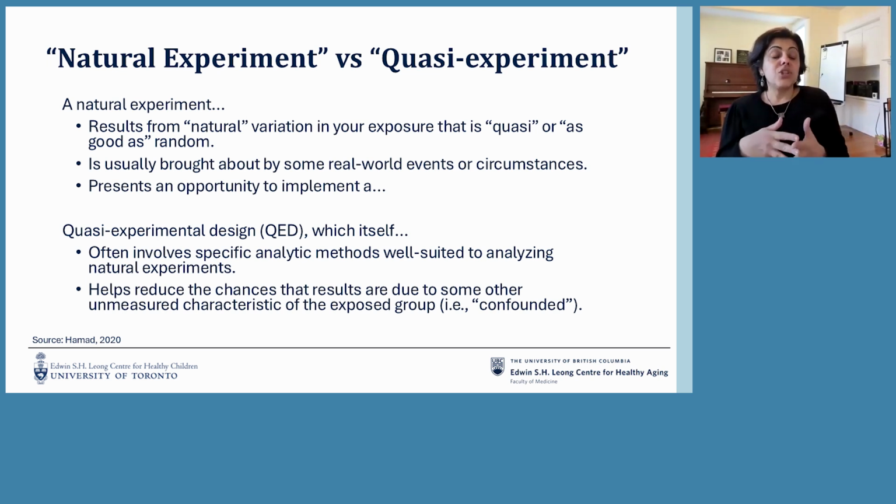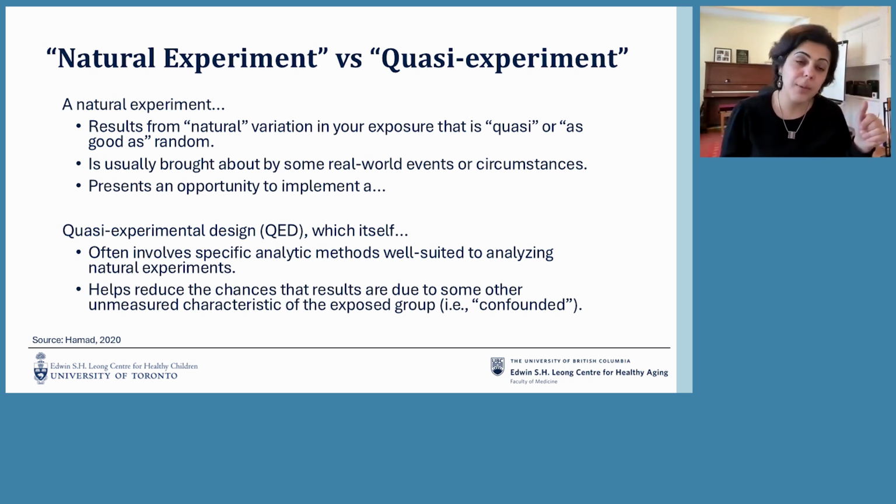So this natural variation is usually brought about by some real world events or circumstances rather than being created in a lab setting. And what natural experiments do is they present the opportunity to use a quasi-experimental design. So in other words, the quasi-experimental design is an analytic method well suited to analyzing natural experiments, and it's often more sophisticated than the problematic methods we discussed a few minutes ago.